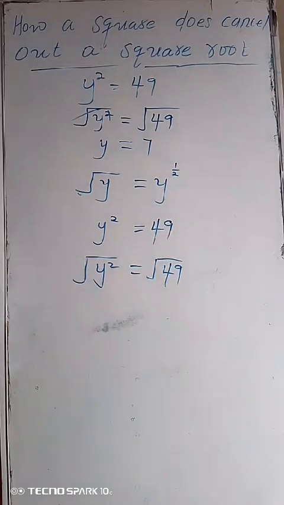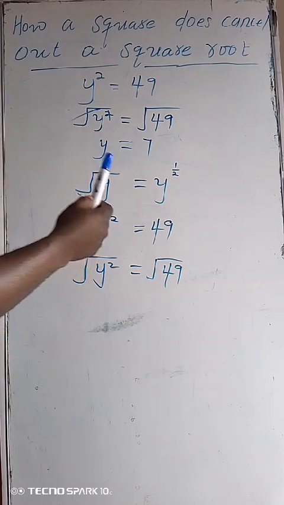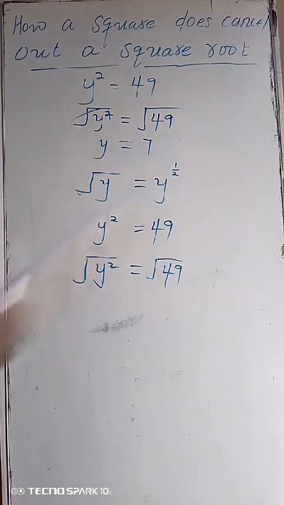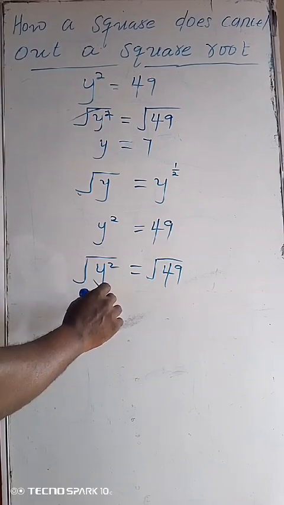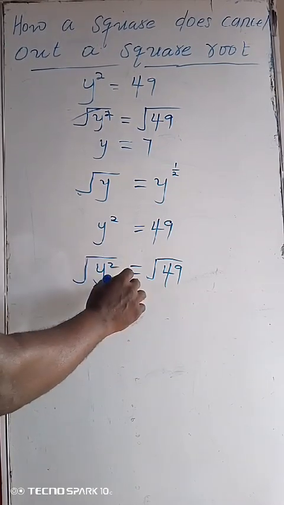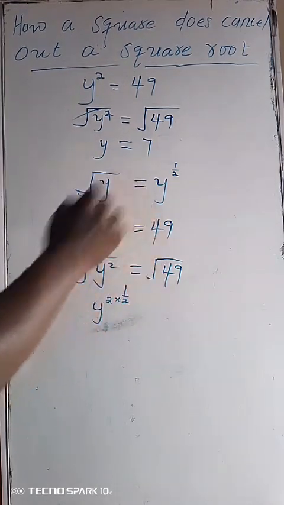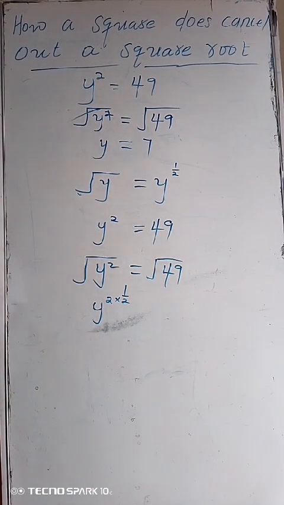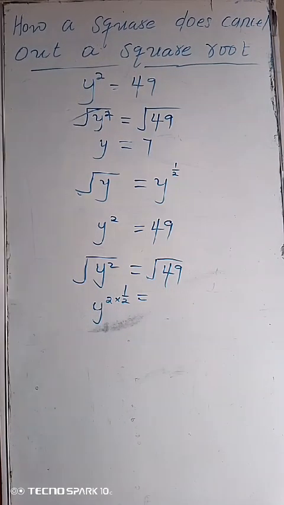I'll have the square root of y square is equal to the square root of 49. Now, since we know that the square root is the same as the power or exponent of 1/2, at this point I will write my y exponent 2, then I multiply it by the square root, which is 1 out of 2 exponent.